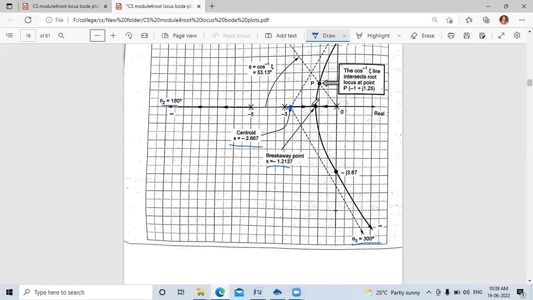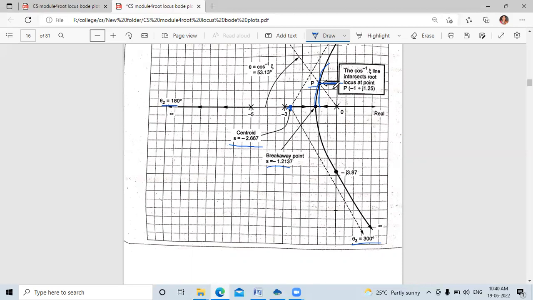So you can observe the breakaway point. This value is minus 1 and this value is plus j 1.25. So that is the value of p.